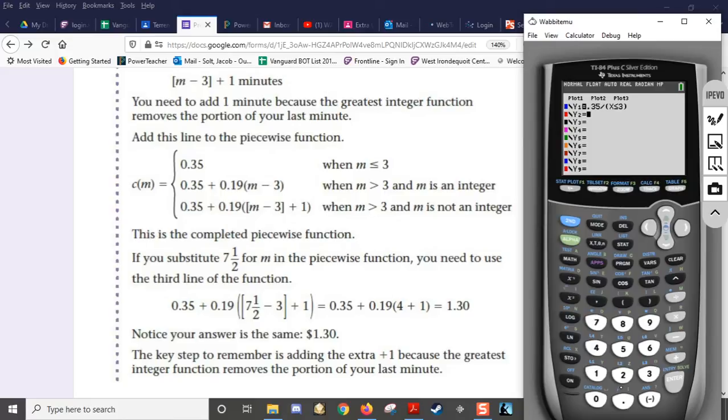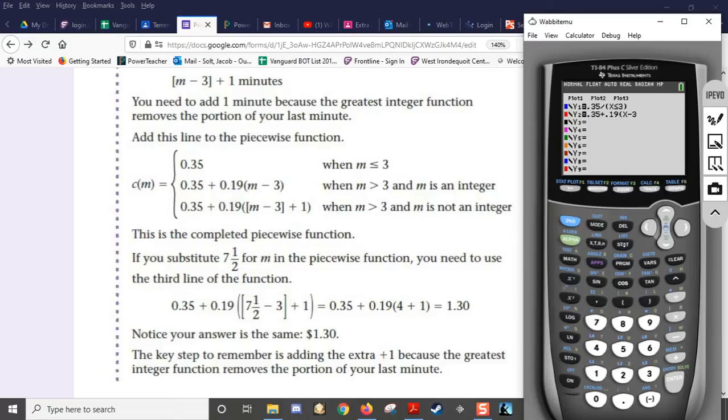All right, this is a lot. So I'm going to do another function. The next piece of this function I'm going to graph over here: 0.35 plus 0.19. That's 19 cents for every minute over 3, so for every x minus 3.